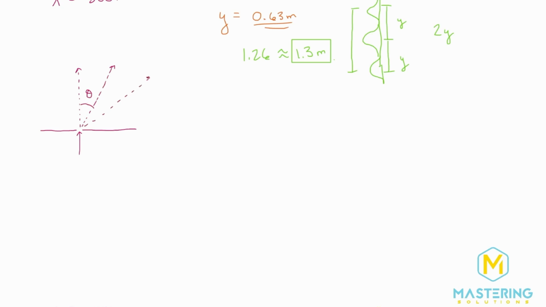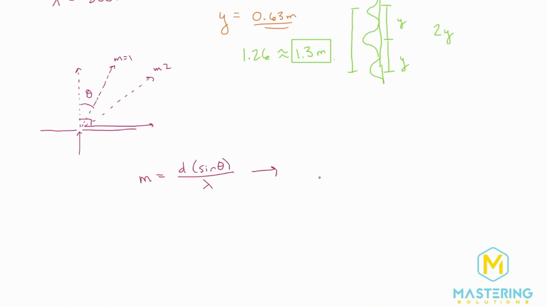We could have m equals 1, m equals 2, and so on. What's the maximum possible angle? That's 90 degrees. So we rewrite the sine of theta equation as m equals d sine of theta over lambda, and to get the maximum possible m, we use sine of 90.